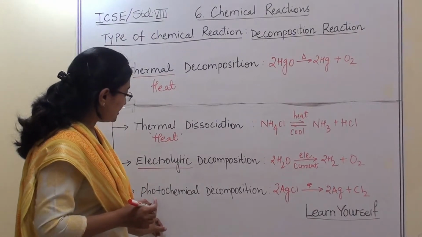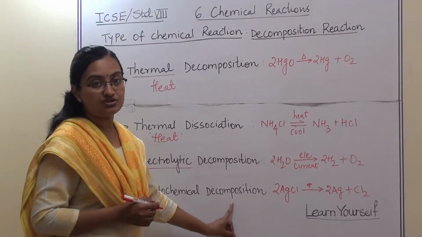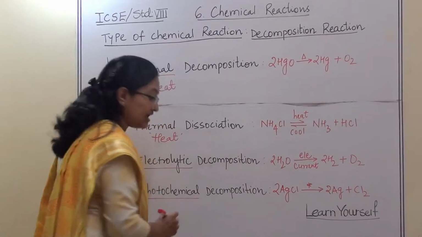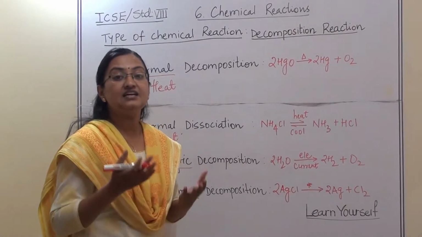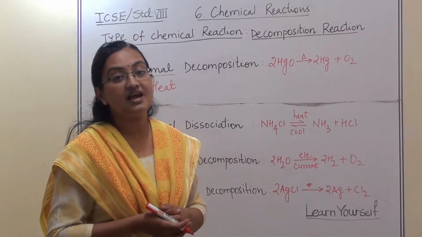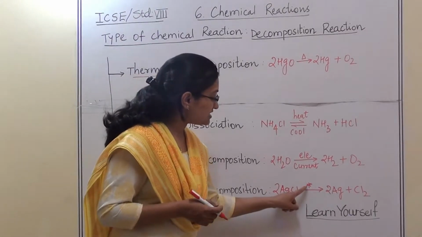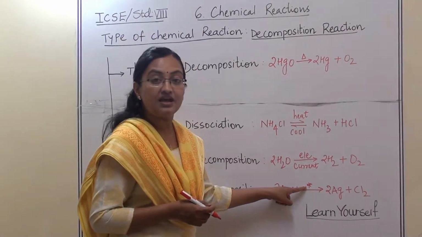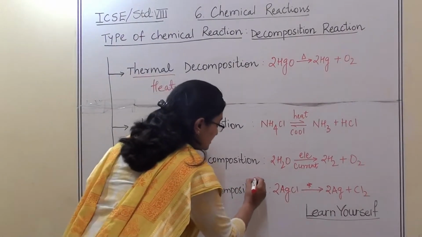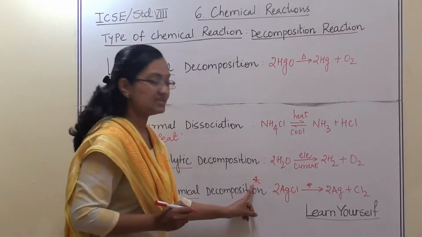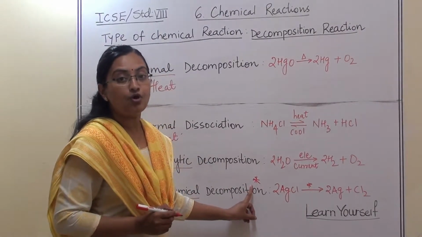Then the fourth one is photochemical decomposition. The name photochemical itself suggests that it occurs with the help of sunlight. So for the silver salt, this symbol suggests the presence of sunlight. The star symbol is always used for sunlight.